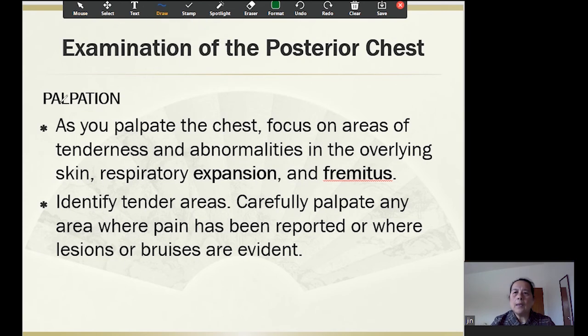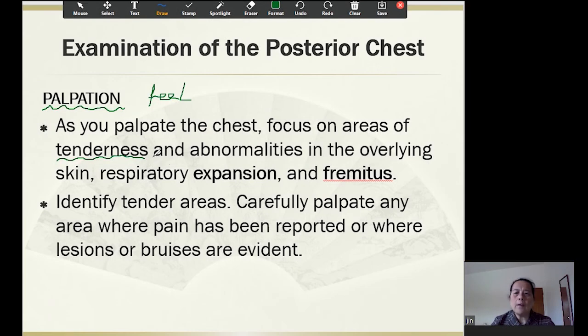Then we look at palpation. Palpation is feeling. Use the hand, feel the patient. So we palpate the chest part. We can try to find if the patient has some tenderness on the skin.